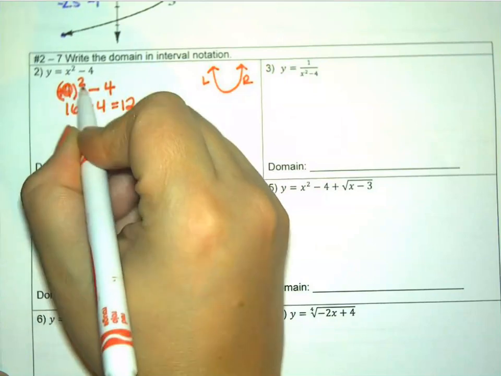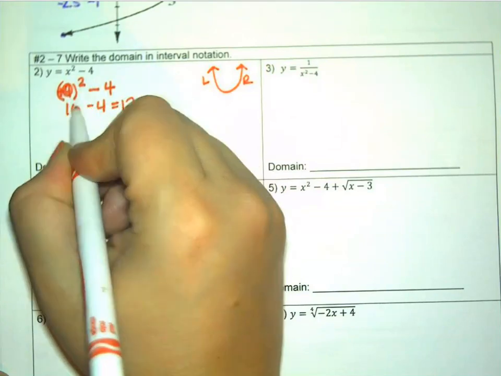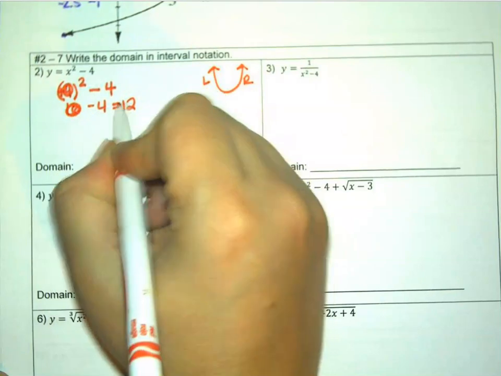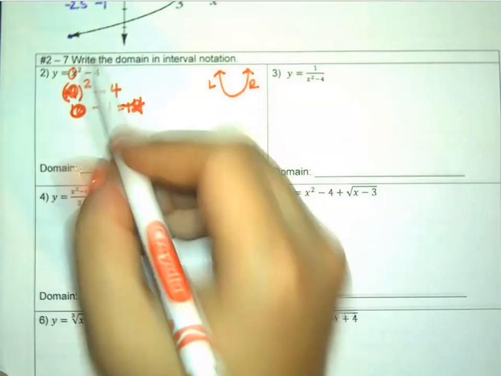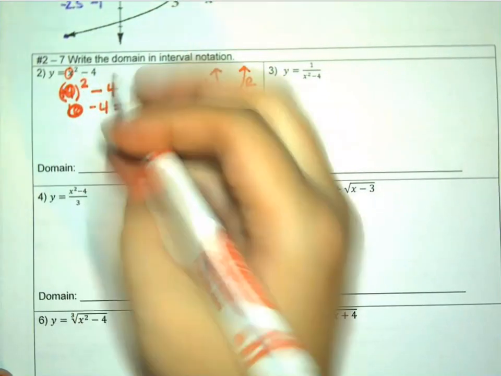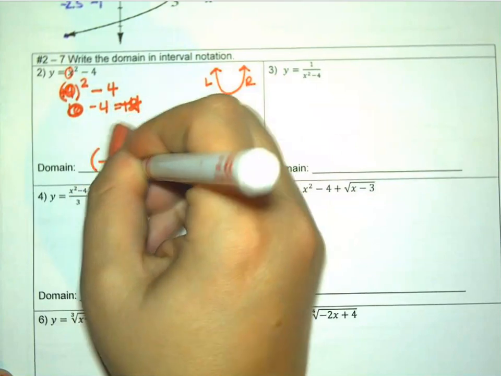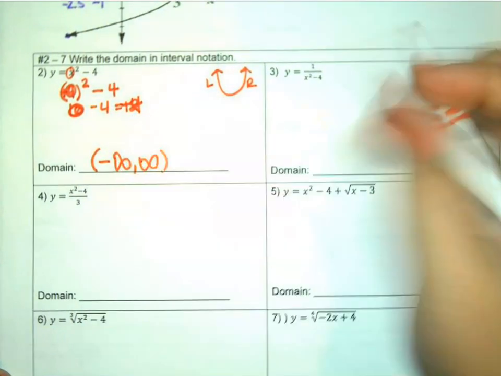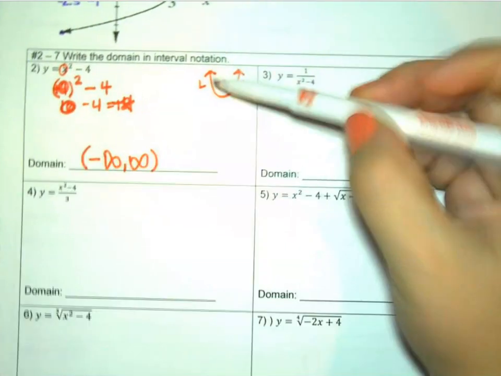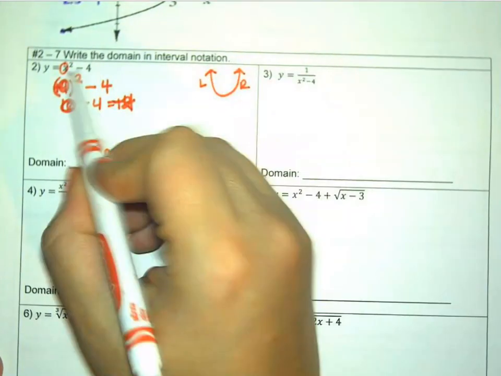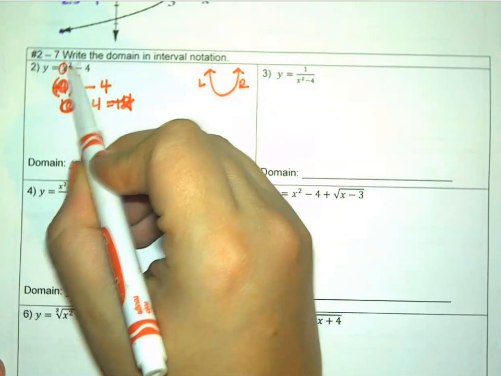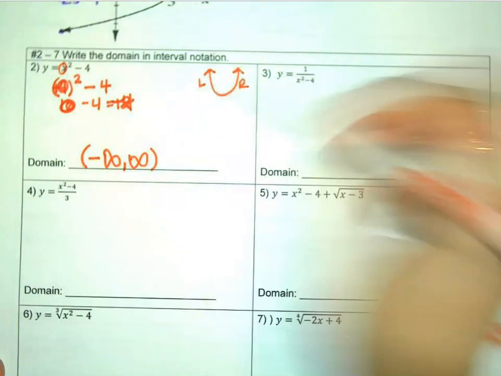You can square 0. 0 squared is 0, and then 0 minus 4 is -4. So any number can go in this x spot right here and be squared and then subtracted by 4. So our domain here is all real numbers. And again, we can see that because if we had the graph memorized for an x squared, we know it makes a parabola.